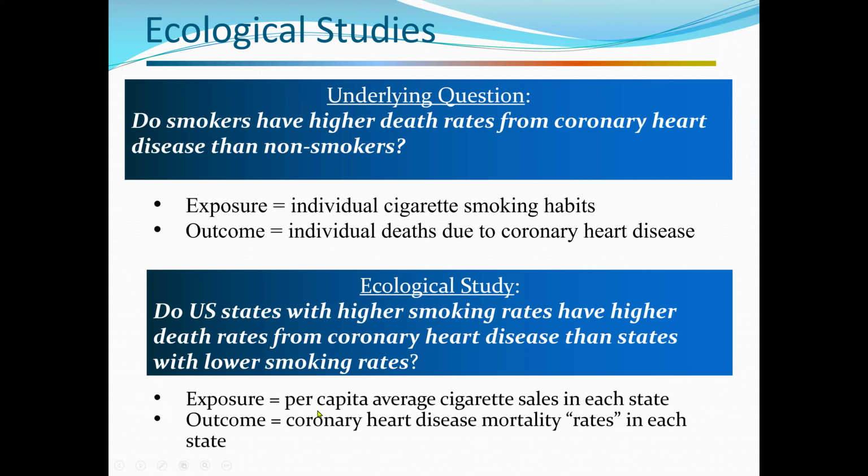The exposure will be per capita average cigarette sales in each state, and the outcome will be the coronary heart disease mortality rate in each state. Our goal is to find out if there's a relationship with per capita average cigarette smoking. So we are talking about the average of the whole group, the whole state. If a state consumes more cigarettes, then that state may have more patients with coronary heart disease, or the mortality rate will be very high if cigarette consumption is high.